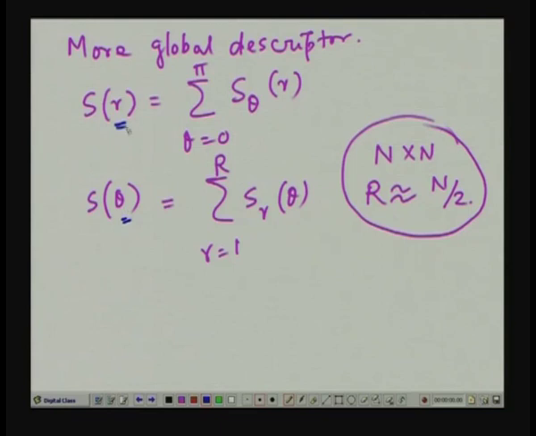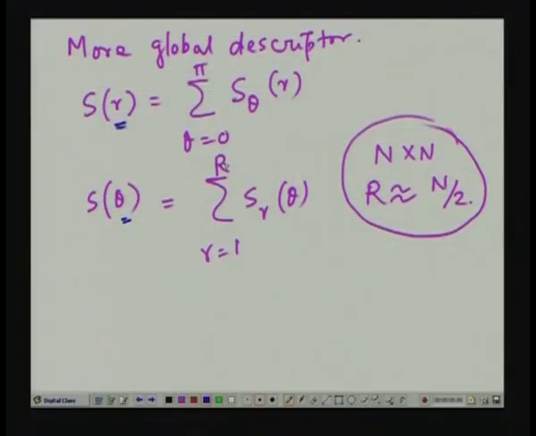If I vary the value of r, I get a one-dimensional function which gives an indication of the variation of the texture energy content as we move along the radial direction globally. And if I vary the value of theta, this gives us the variation of the textural energy content as we move along the concentric circles within the spectral domain.